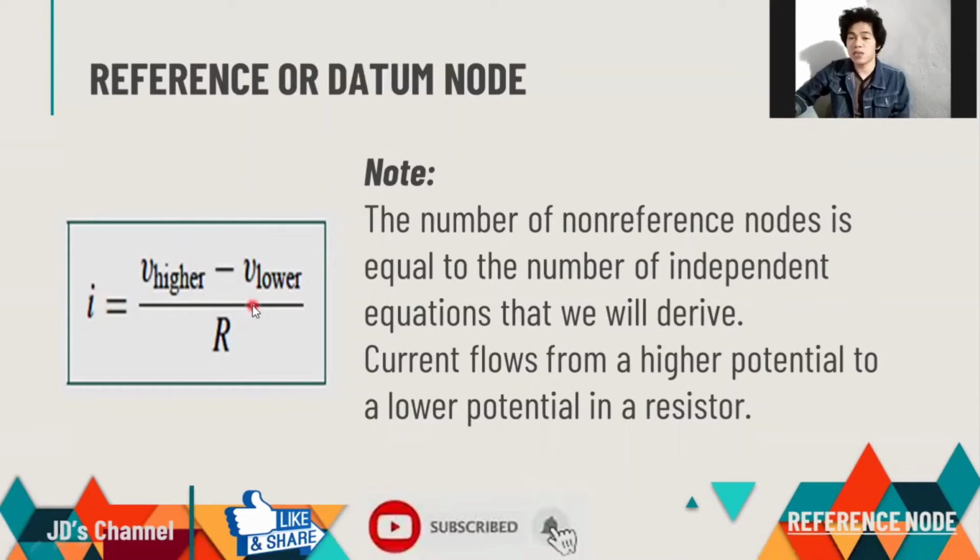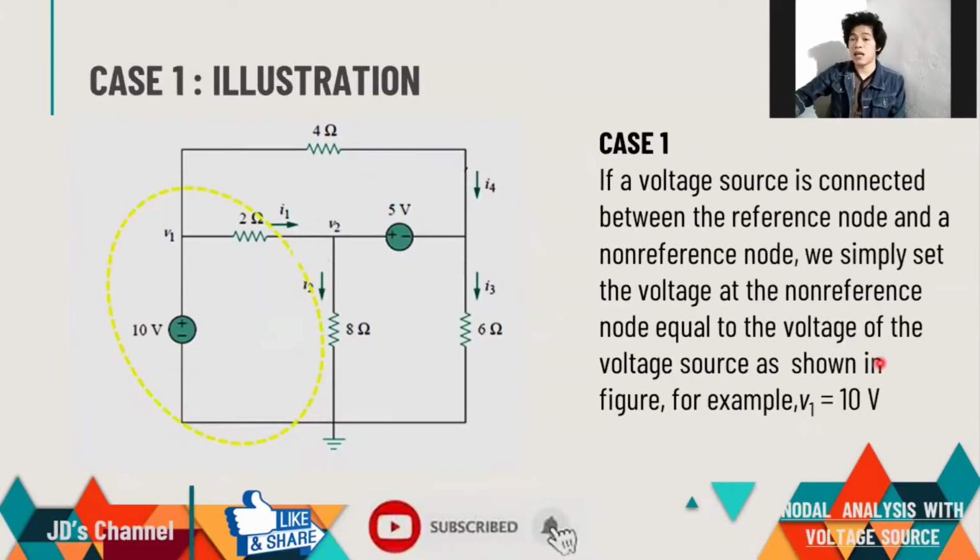So we use Ohm's law to express this current in node voltages. Current flows from higher potential to lower potential in a resistor. Ayan. So, in a non-reference node, we simply set the voltage at the non-reference node equal to the voltage of the voltage source shown in the figure.